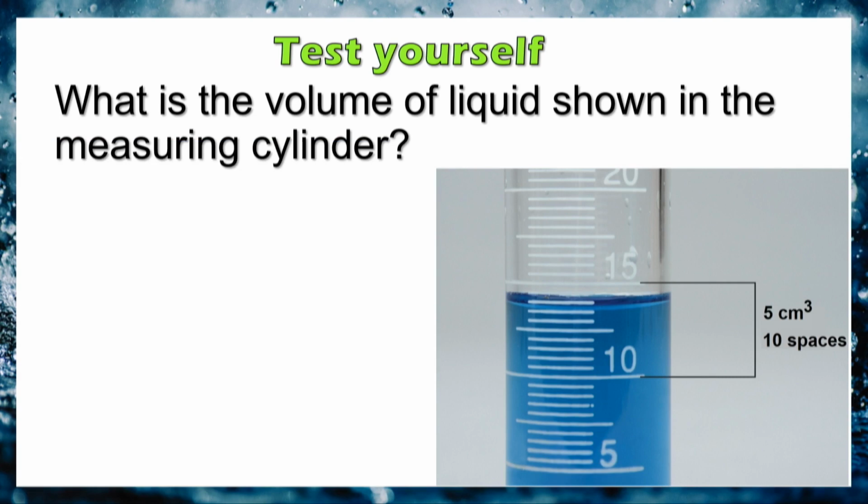Here is a question for you. What is the volume of liquid shown in the measuring cylinder? So, we can see the large hash marks go as 5, 10, 15, 20 and up.